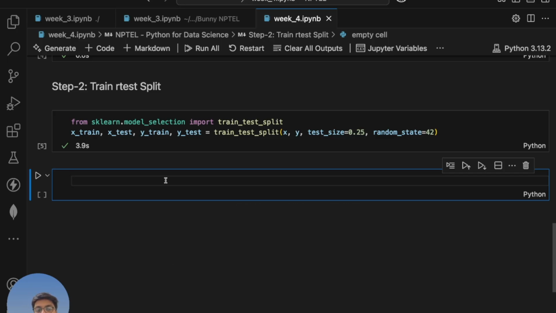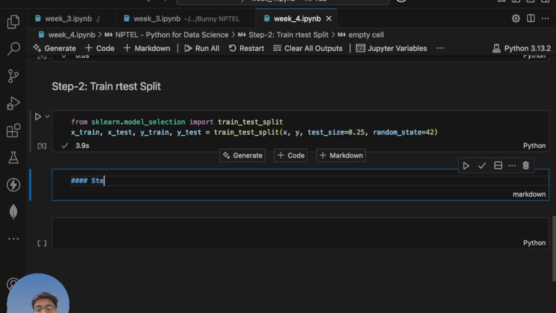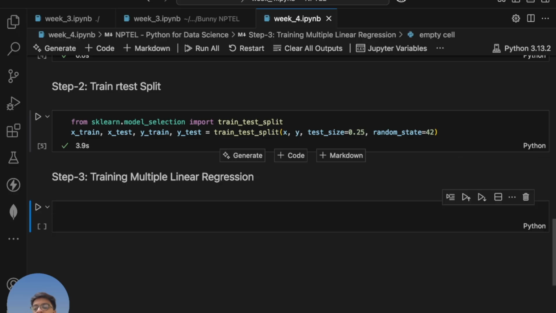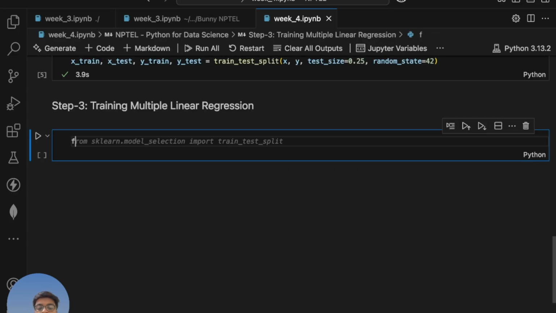After this, training multiple linear models. Okay, now we are just training multiple linear regressions. So here is the code for linear regression.